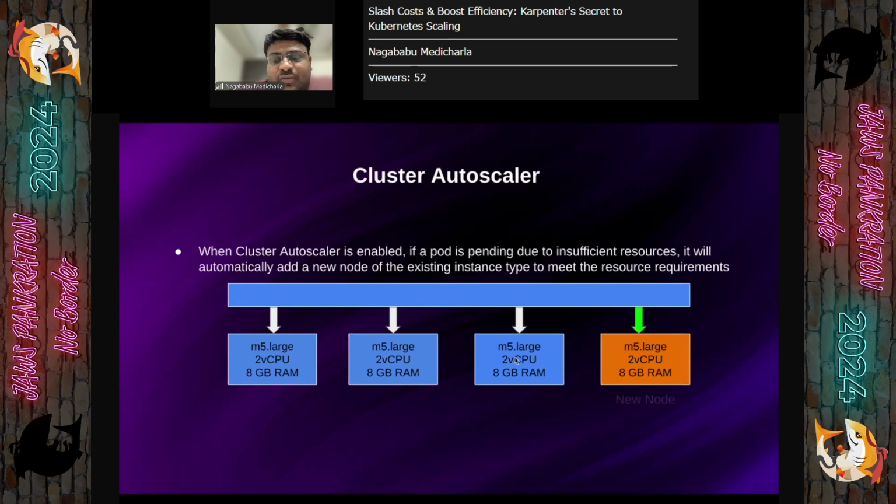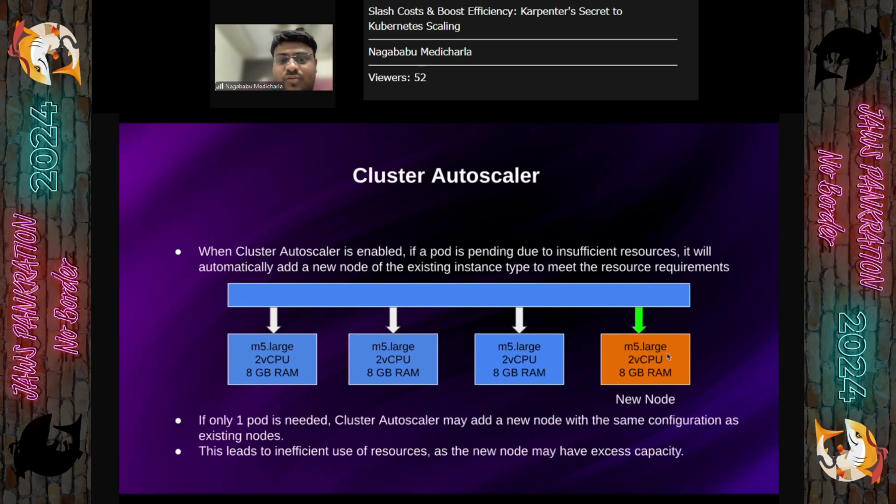Immediately the AWS cluster autoscaler will add one more node of M5 large. So even though you're scheduling only one pod, you're creating another M5 large instance. For only one pod, you're creating this big instance. What if there is a better way to do this?